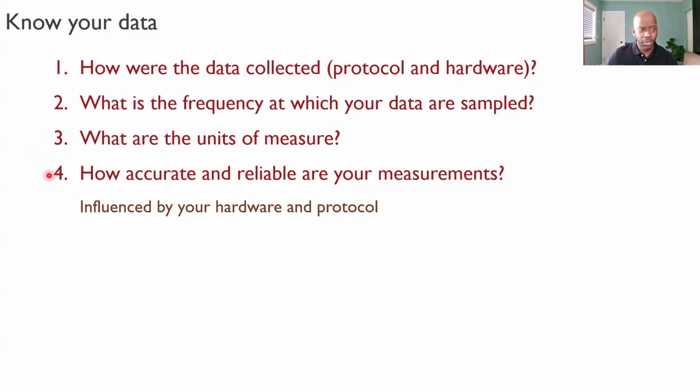And then the last thing, which we won't have a lot of time to talk about today, is accuracy and reliability. Just because you have numbers does not mean those numbers are an accurate and valid reflection of the thing you're studying. We do metabolic testing quite frequently in our research where we measure oxygen consumption.